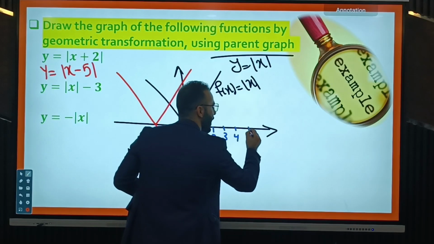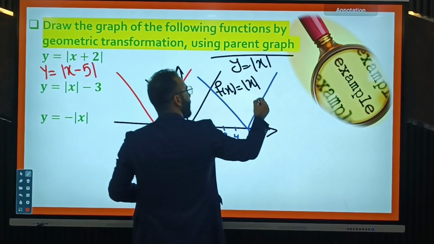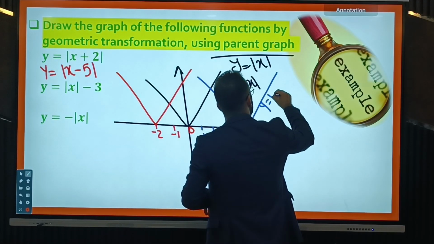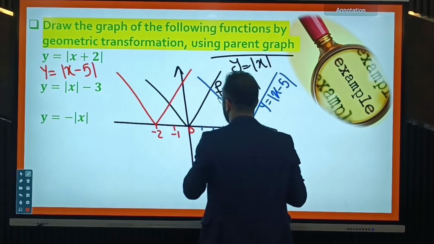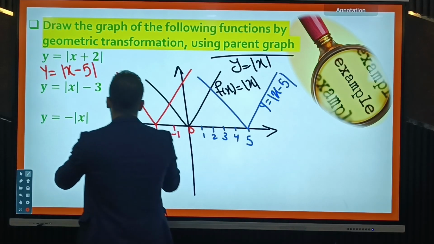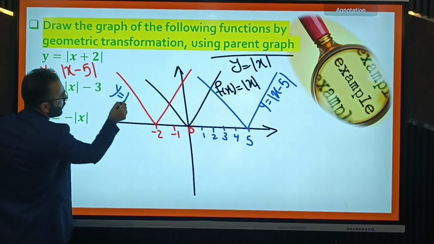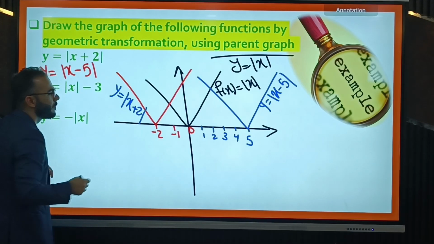So the parent function would come to here. That is the function y equals the absolute value of x minus 5. And here is, of course, y equals the absolute value of x plus 2.